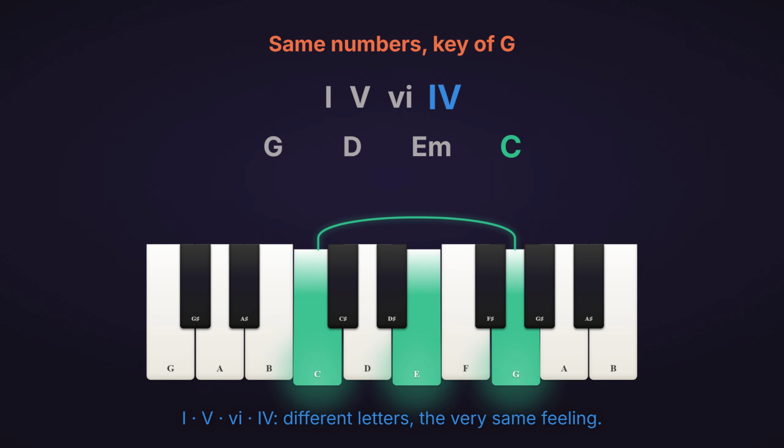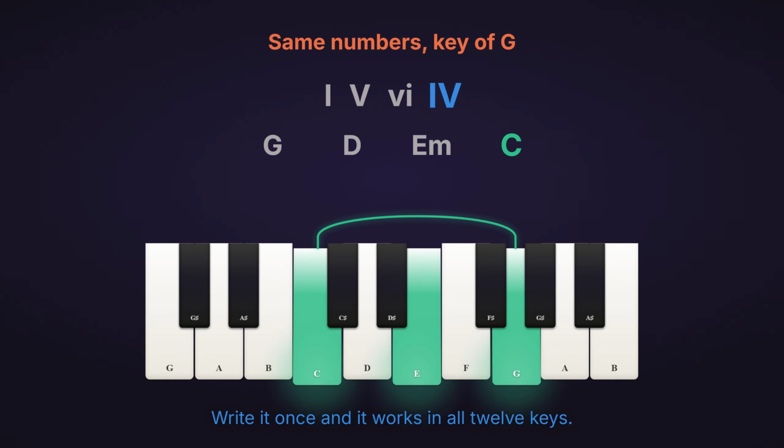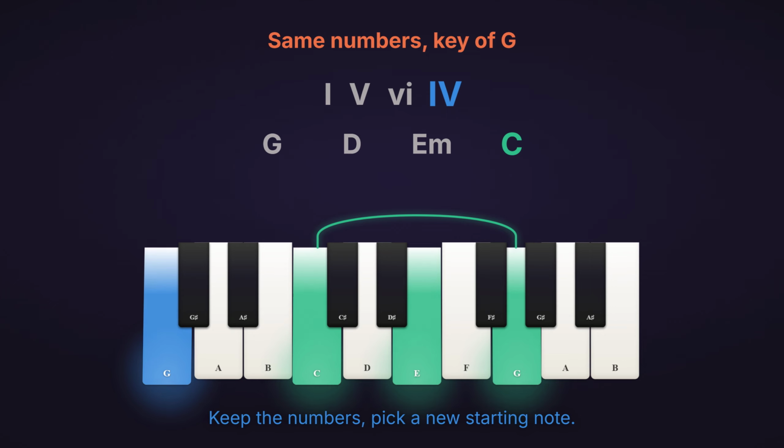That is the whole magic. The numerals describe the journey, and the key just decides which notes you use to take it. Write a progression once in Roman numerals and you have written it in all 12 keys simultaneously. A singer wants it higher? You don't rewrite a thing. You keep the numbers and pick a new starting note.